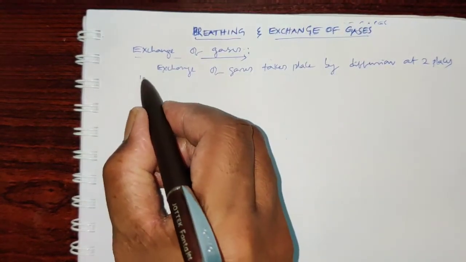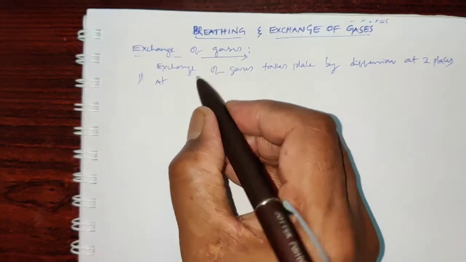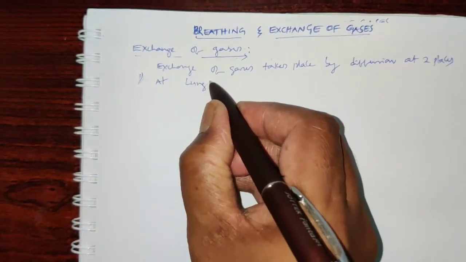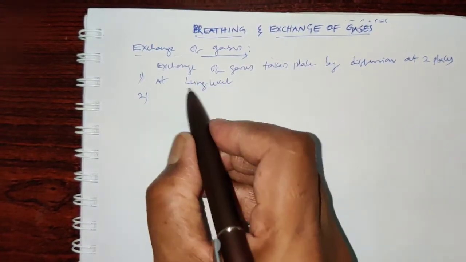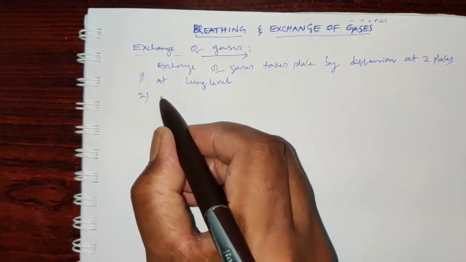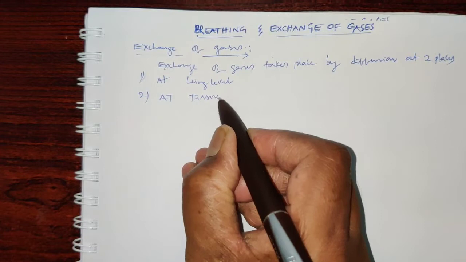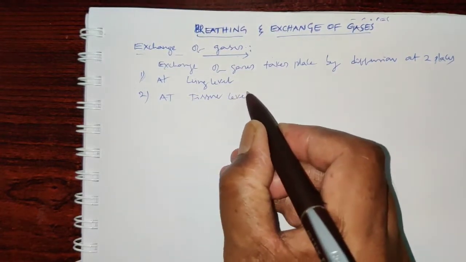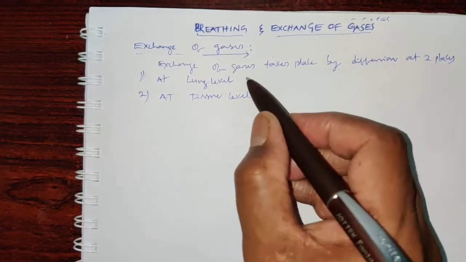Number one is at lung level, and number two is at tissue level. So lung level exchange of gases, tissue level exchange of gases.